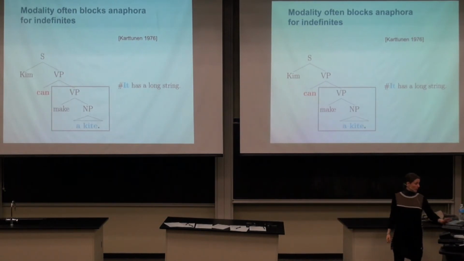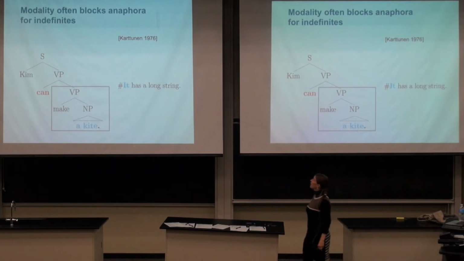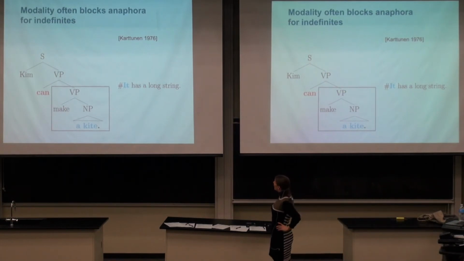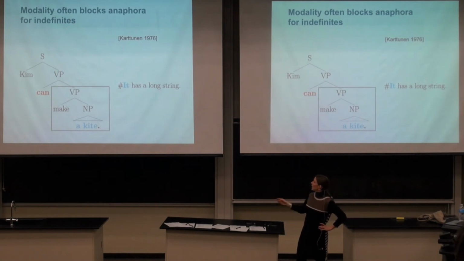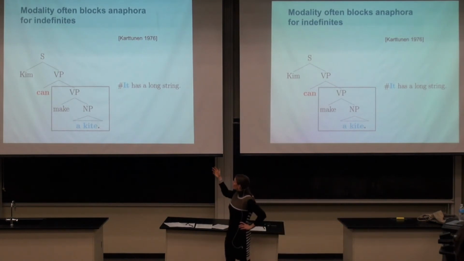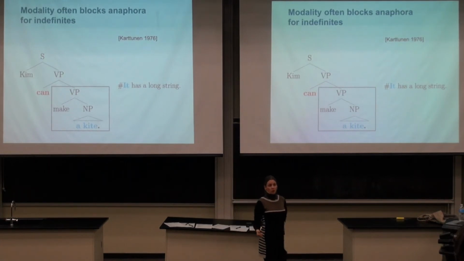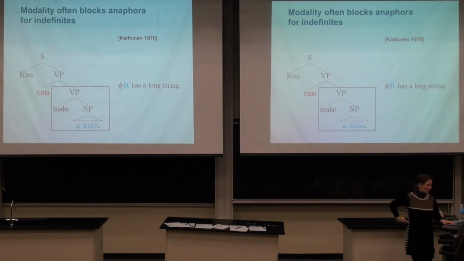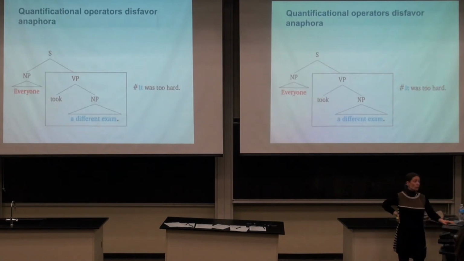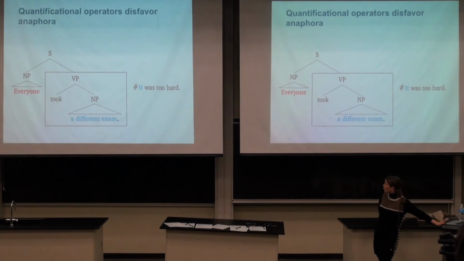Same happens with modality. Kim can make a kite. It has a long string, also that's a bit odd. And so again, Karttunen observed that an indefinite under the scope of a modal auxiliary is blocking this possibility of anaphora. You have the same with quantification and operators.